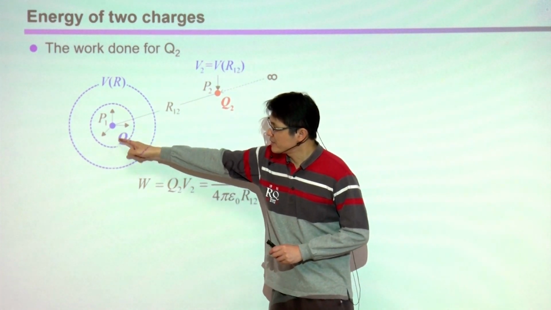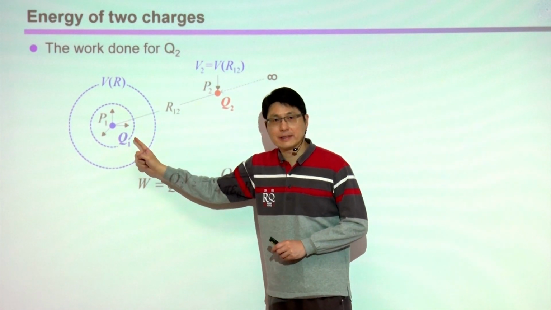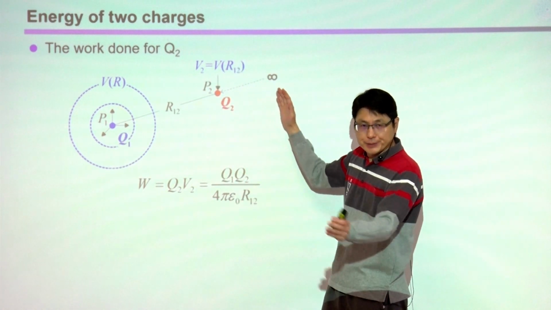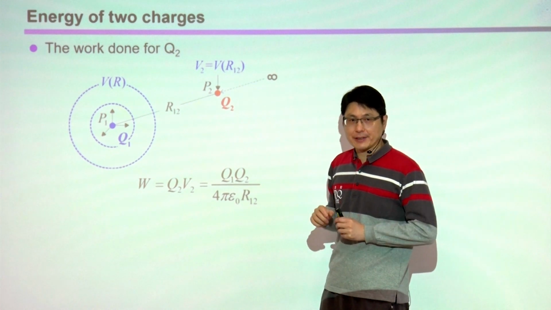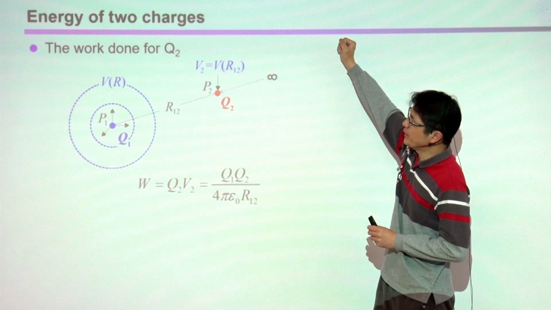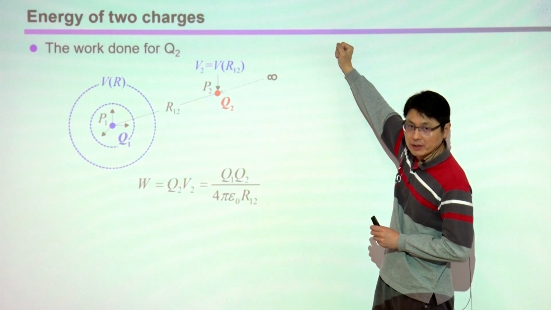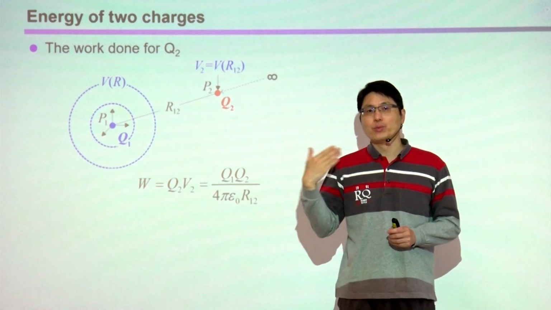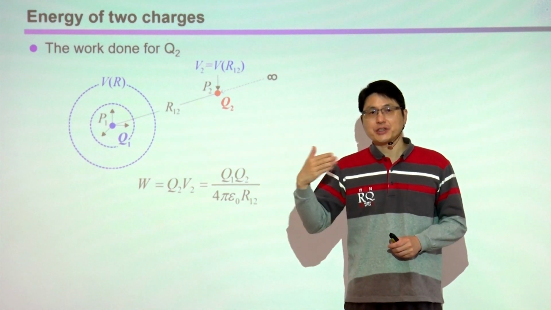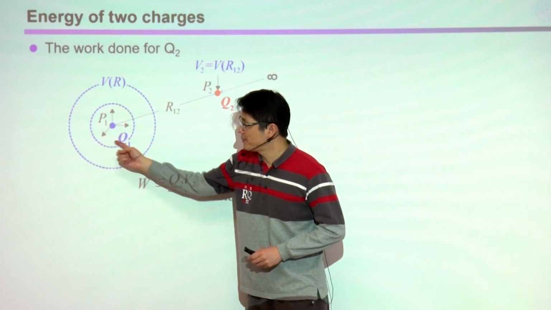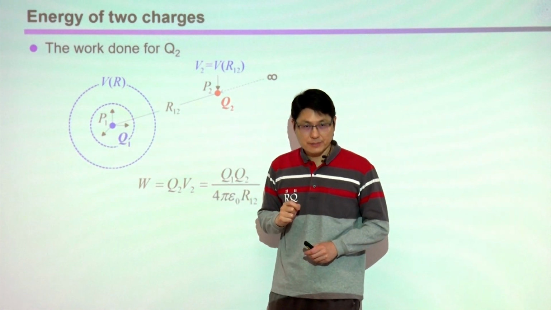With the presence of charged particle 1, it generates its field pattern, a radial field pattern, and somehow when I'm bringing the second particle to this location, I have to do work. I need to counteract the field being generated by the first particle.